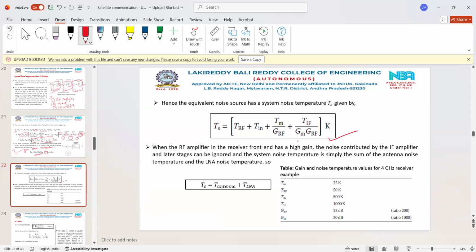Now, when the RF amplifier in the receiver front end has high gain, the noise contribution by the IF amplifier and later stages can be ignored.